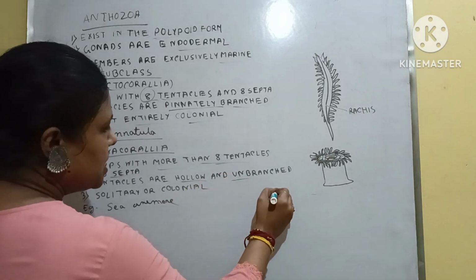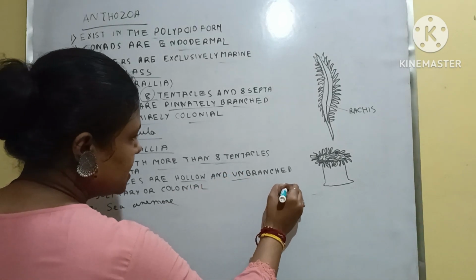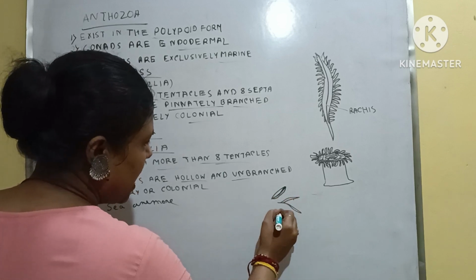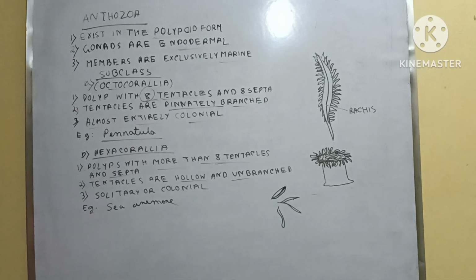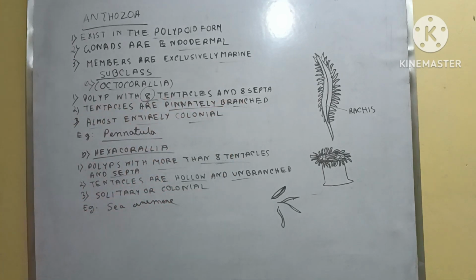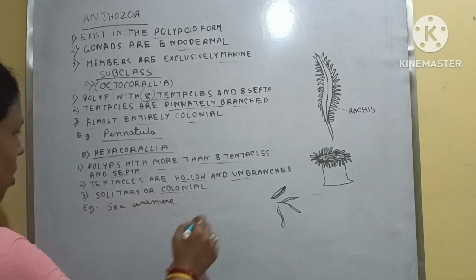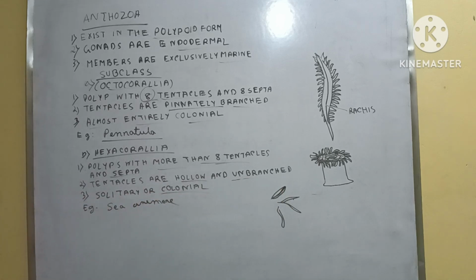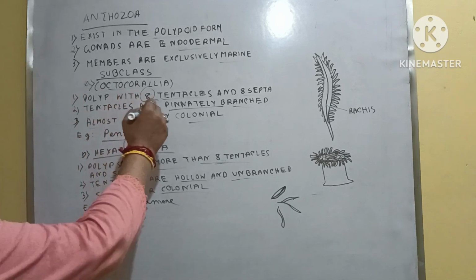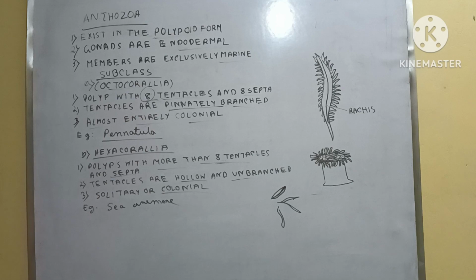That means the tentacles do not remain in this type. These are branches, and these remain single. These are solitary or colonial forms. That means they either remain singly or in the form of colonies. But here we can see only the colony form.